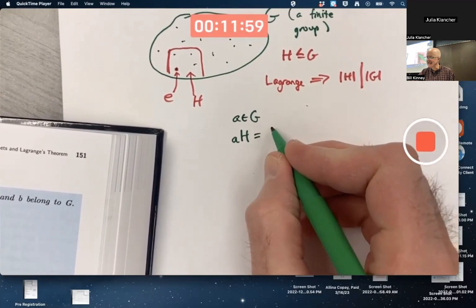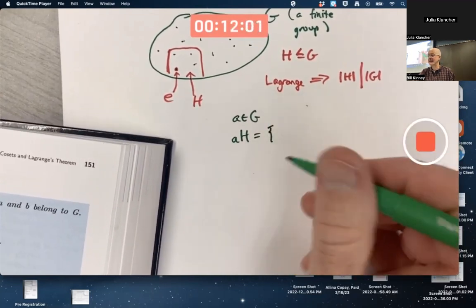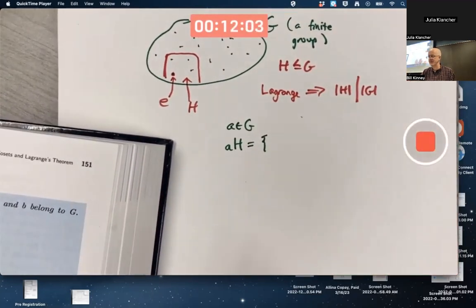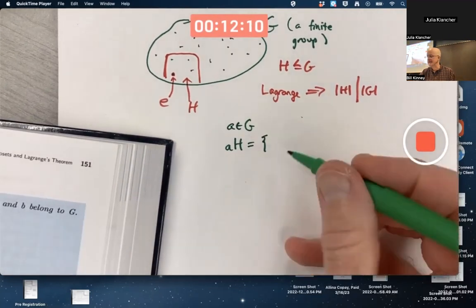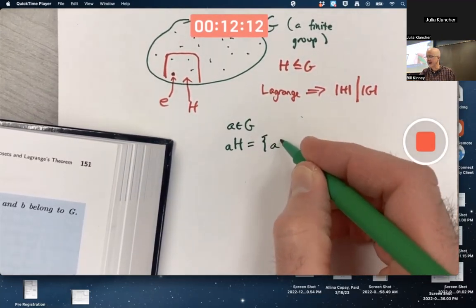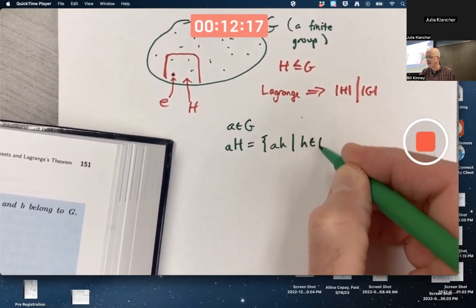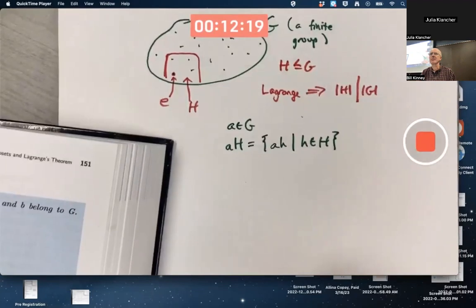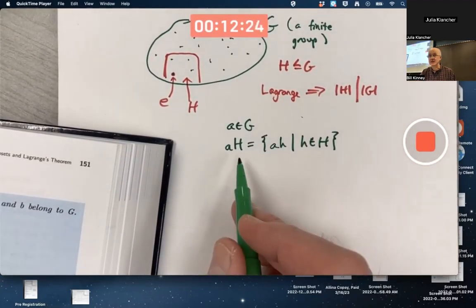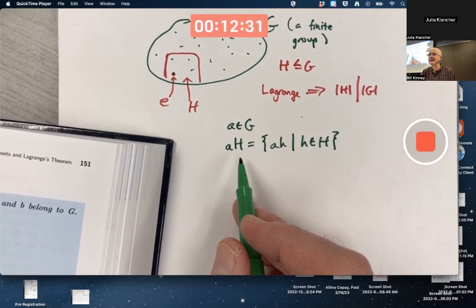AH is a set initially. And in fact, remember the book initially defines this purely as a set, not even assuming H is a subgroup of G. This notation means the set of all products of the form A times little h, as little h varies over capital H. That's what, if H is a subgroup of G, is called the left coset of H in G containing A. And why do we say containing A?